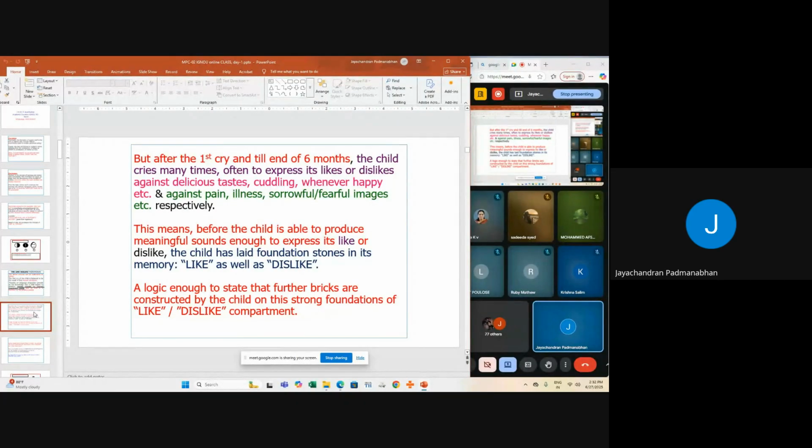This means, before the child is able to produce meaningful sounds to express like or dislike, just imagine, the child is able to express likes and dislikes by 6 months or so. Just imagine. But even before that, a clear foundation stone of like and dislike is placed in the child's brain.